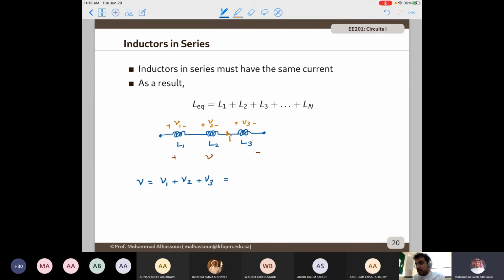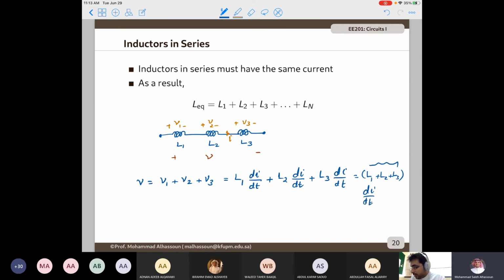So what is the voltage across an inductor? V1 is L1 di by dt plus L2 di by dt plus L3 di by dt. So we can take di by dt as a common factor, and we'll get L1 plus L2 plus L3 multiplied by di by dt.